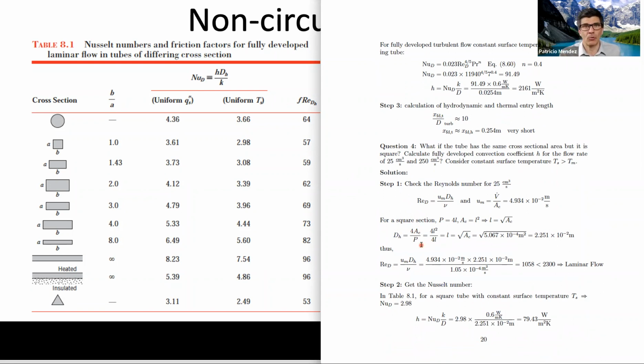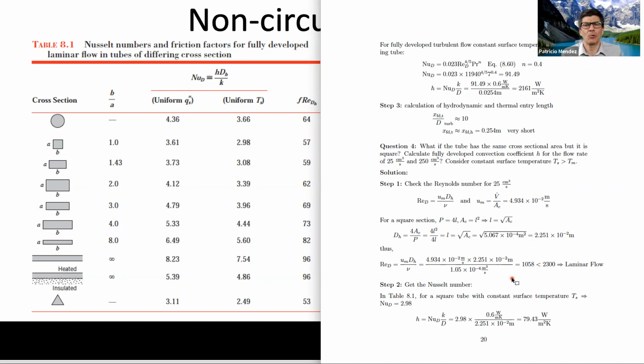For a square cross-section, the cross-sectional area is L squared, where L is the side of the square, and the perimeter is 4L. That gives us L, the square root of the cross-sectional area, and here we have a hydraulic diameter of 2.25 centimeters.